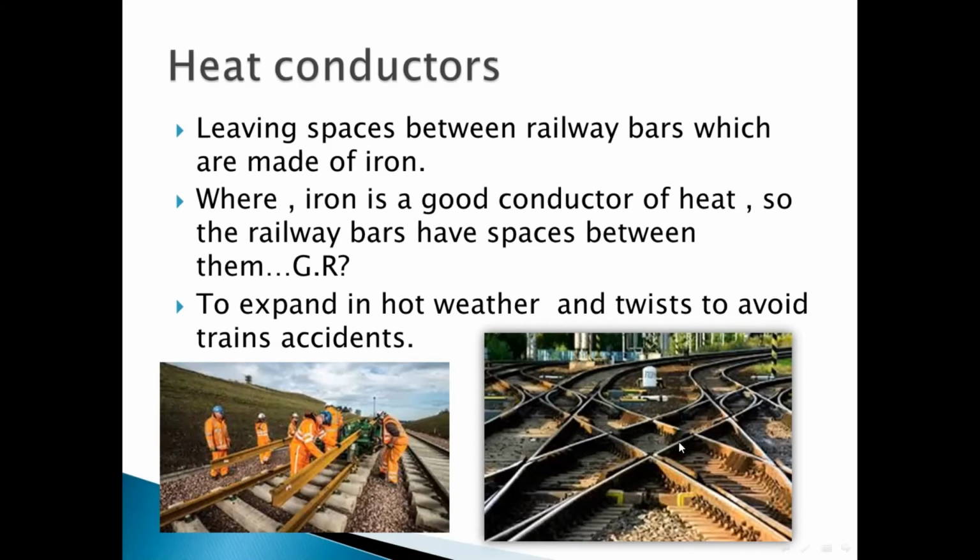So the rail bars have spaces between them, and the rail bar is made from iron, not any other material. We can see the spaces in the opposite side of it, and it is made from iron. Why? To expand in hot weather and twist, to avoid train accidents. So we use iron as a good conductor of heat.